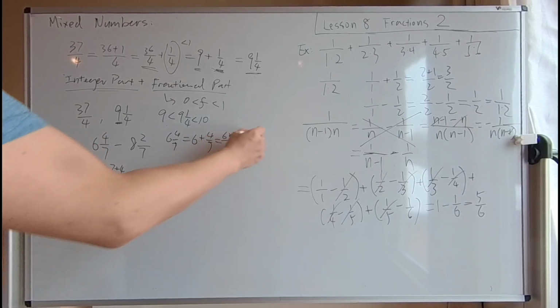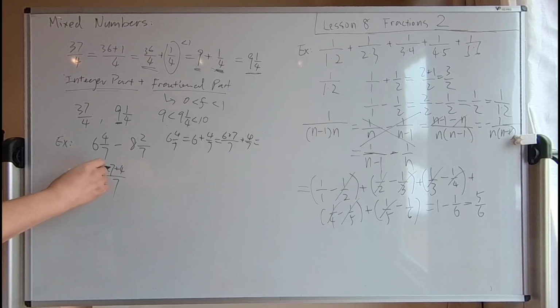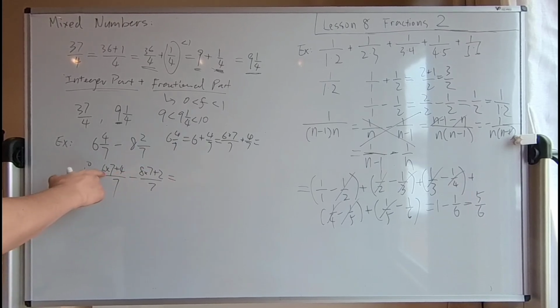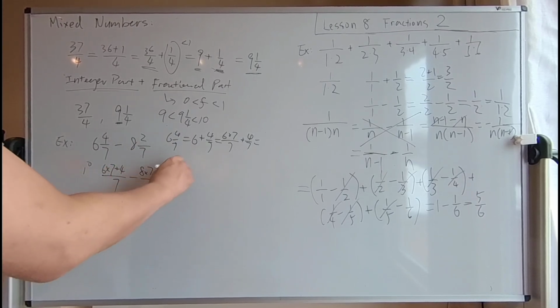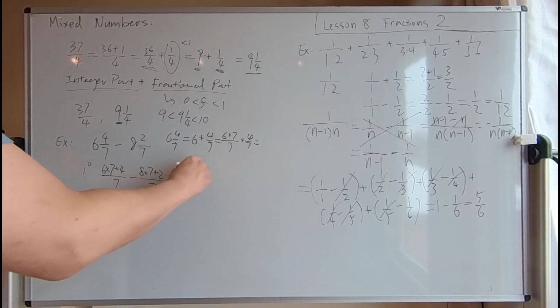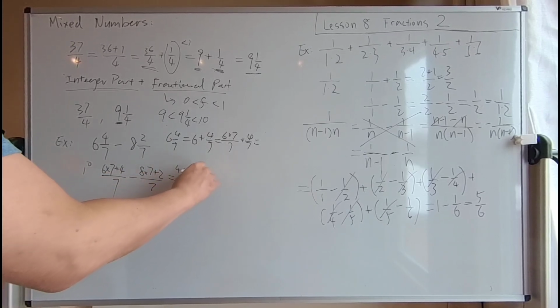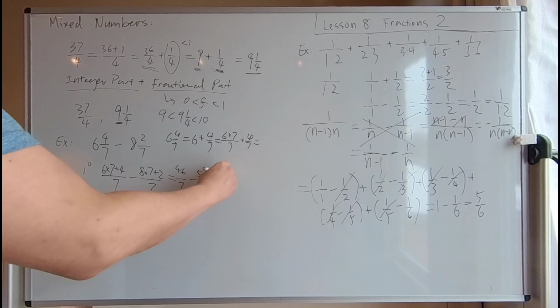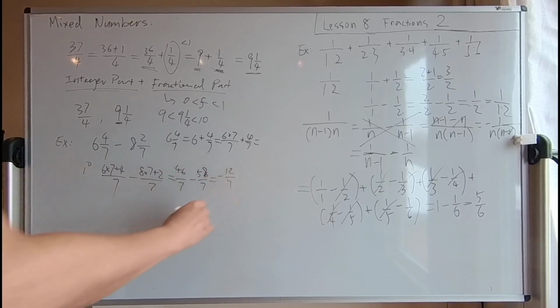And then this is 6 times 7 plus 4 over 7, minus, similarly, 8 times 7 plus 2 over 7. This is 42 plus 4, 46 over 7. 56 plus 2, 58 over 7. And 46 minus 58 is minus 12 over 7.